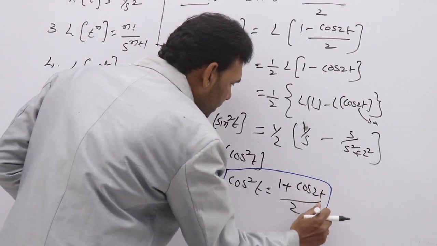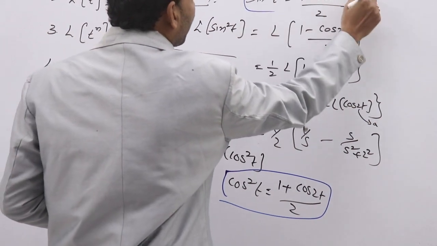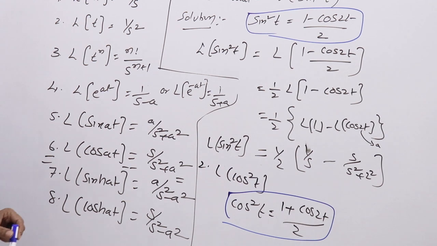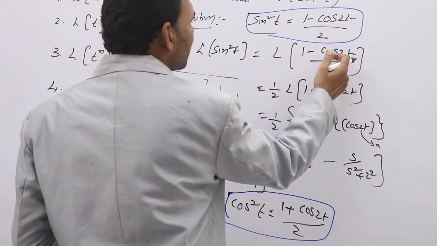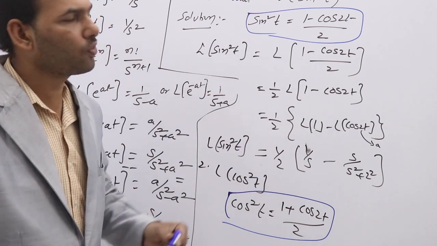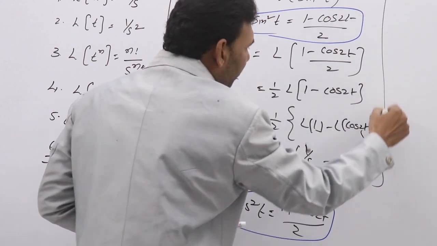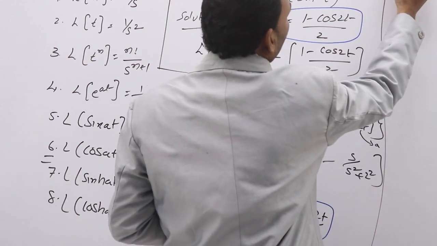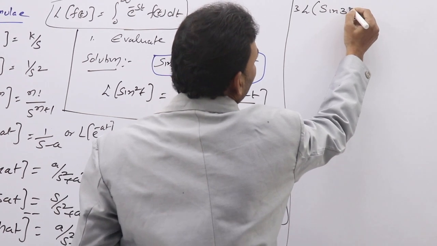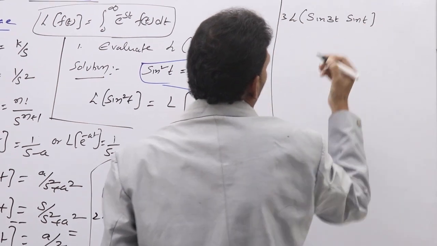It is similar to the sin square t formula, but the only difference is that here you have 1 plus instead of 1 minus cos 2t. The same derivation, in the place of minus you will get plus. For example, if you have a problem like this, evaluate L of sin 3t into sin t.